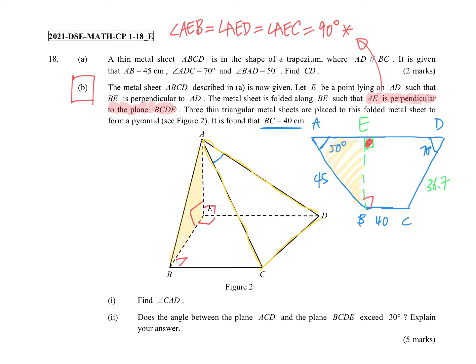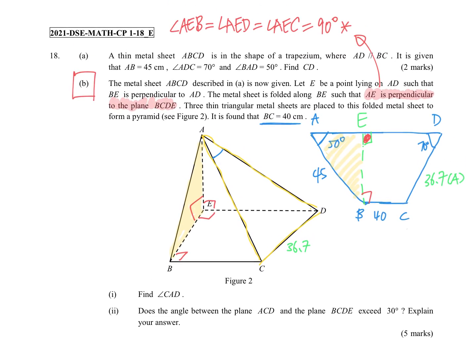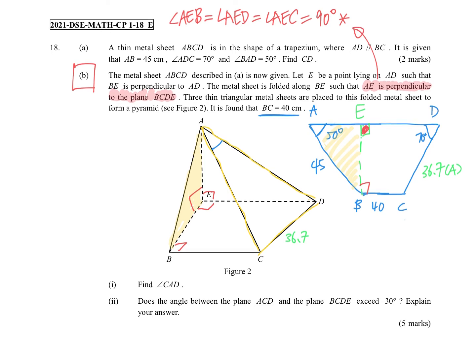CD is already found, is already given. It's 36.7. Okay, so that's the answer of A. We can put it down. Okay, so that's very important.